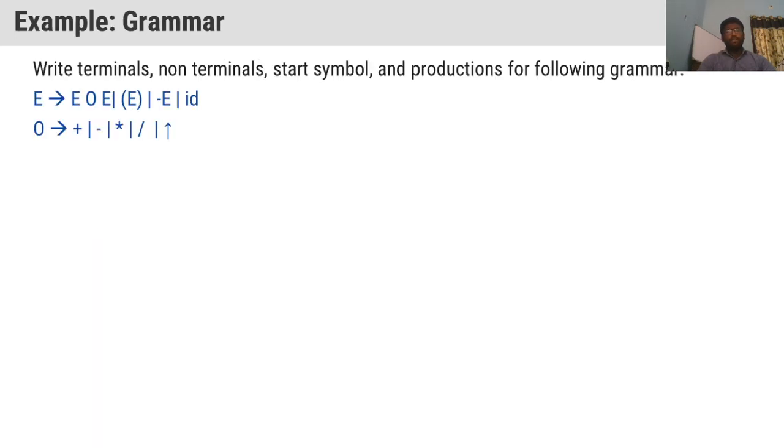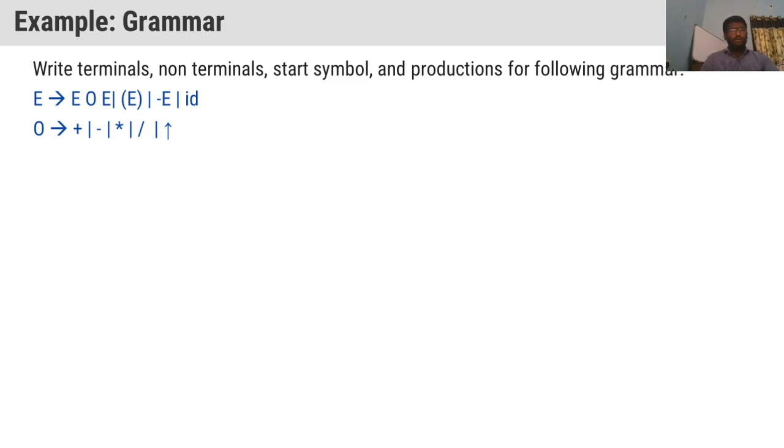So an example grammar we will take. You see the terminals, identify the terminals, non-terminals, and start symbol in the grammar. In the given example, the start symbol is E, right? What are the terminals we have?